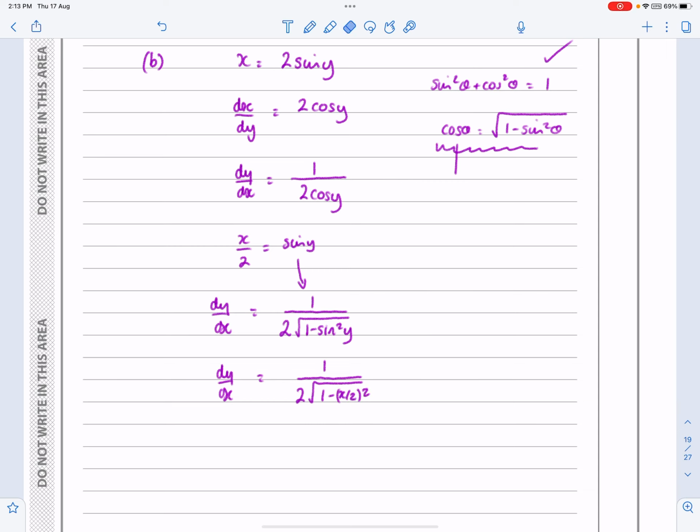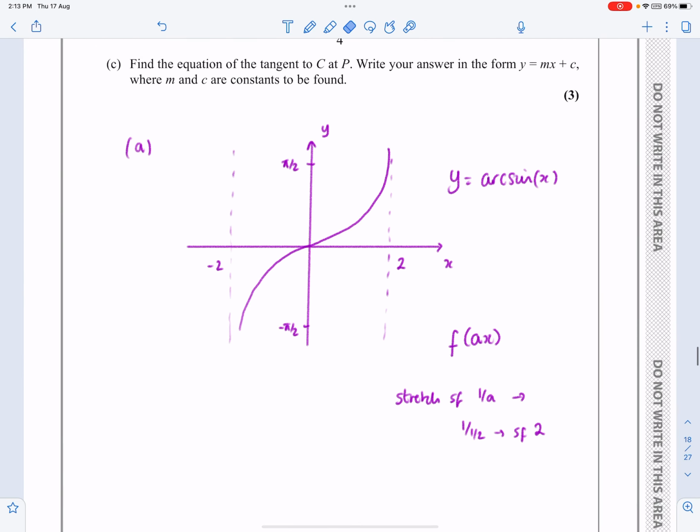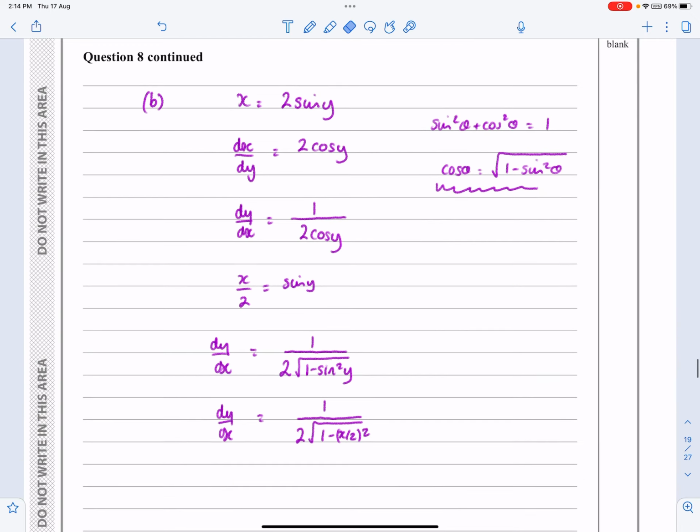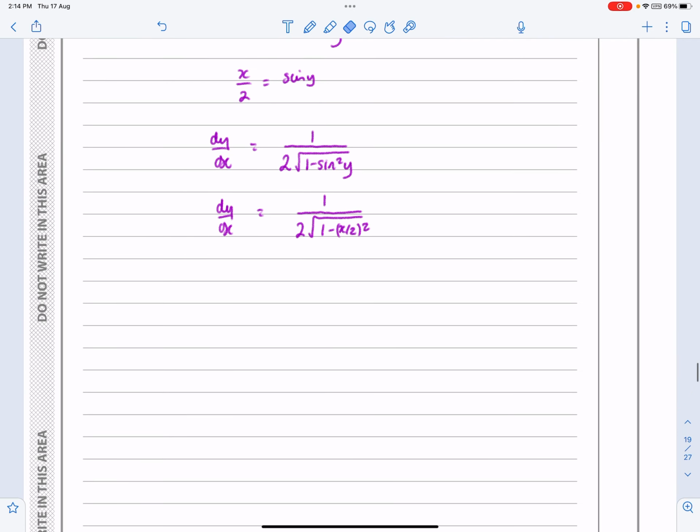Now that would be great if they let me just leave it like that, but if we go back and have a look, we've got to have it in the form 1 over root a minus x squared. So it just means tidying up this fraction here. So I've got dy by dx is equal to 1 over 2 root, and this is 1 minus x squared over 4 now.